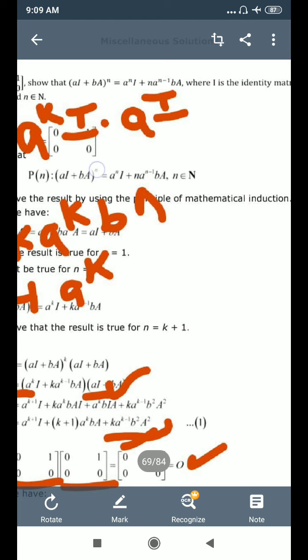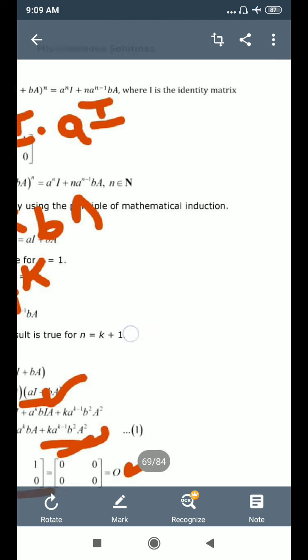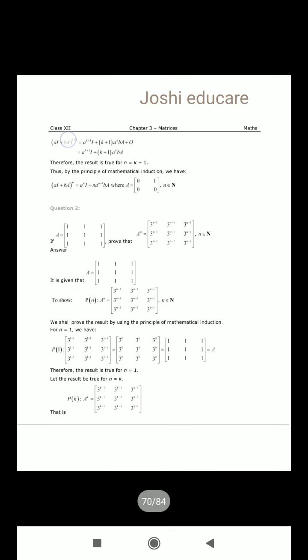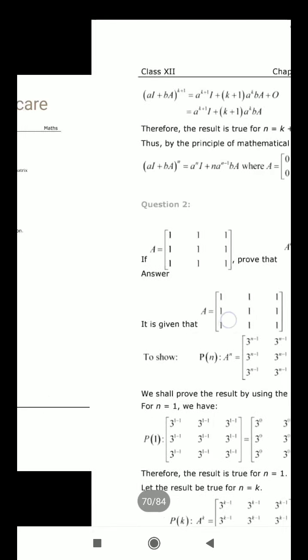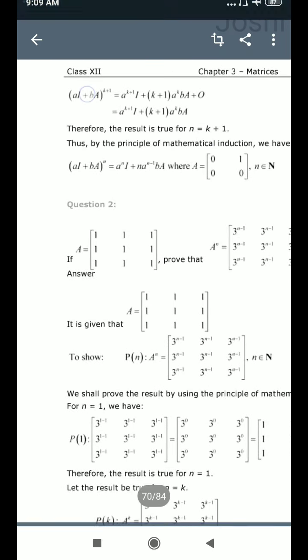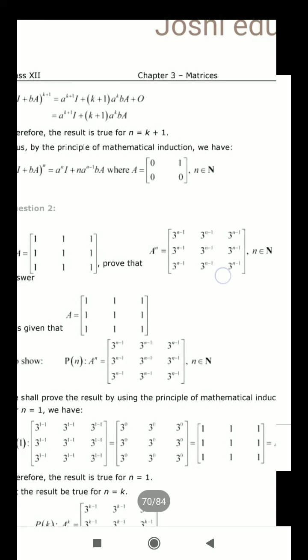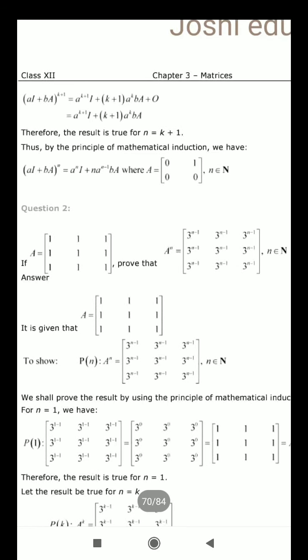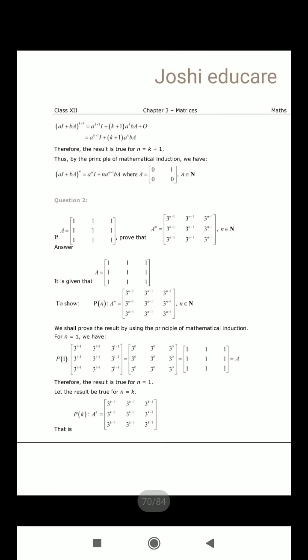On replacing each n by k plus 1, you will get this as the expression, which we have already proved. As we have proved this, you can say this is true for all the natural numbers. This is the process which we use in case of proving anything using the principle of mathematical induction.